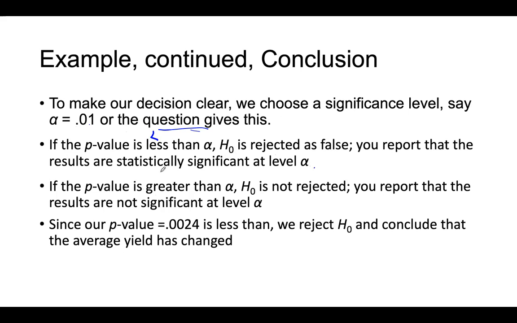If the p-value is greater than alpha, the null is not rejected, and you report that the results are not significant at alpha. Since in our example the p is very, very small, it's less than alpha, so we reject the null hypothesis and conclude that the average yield has changed.